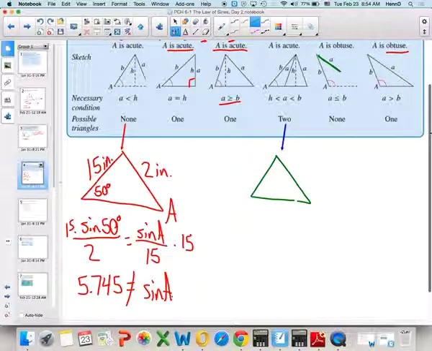Let me see here. I think if we do like the sine of 40, and if we make this one here 13.7, and let's make this one 6. Okay?